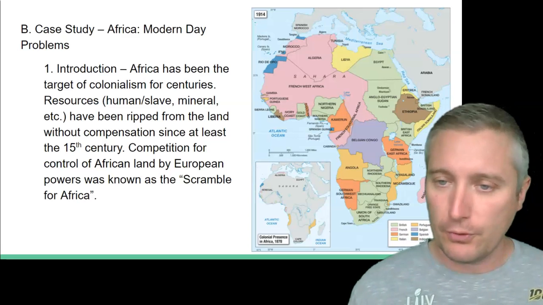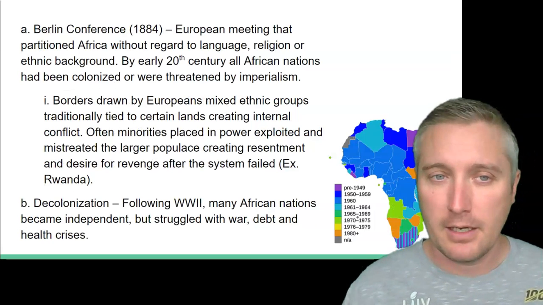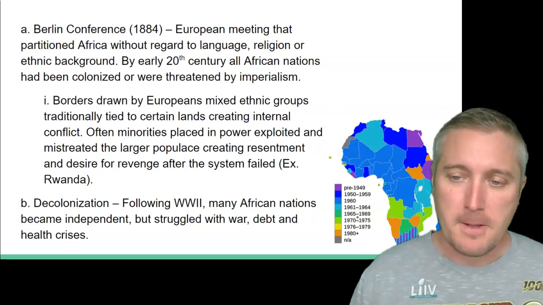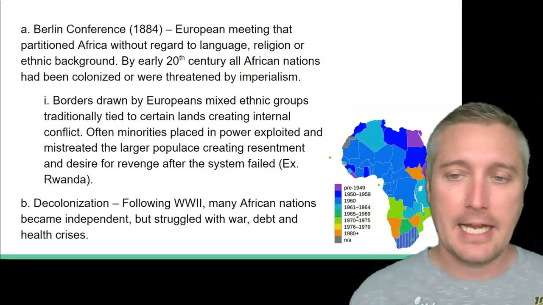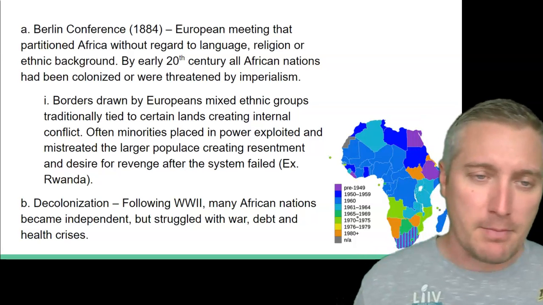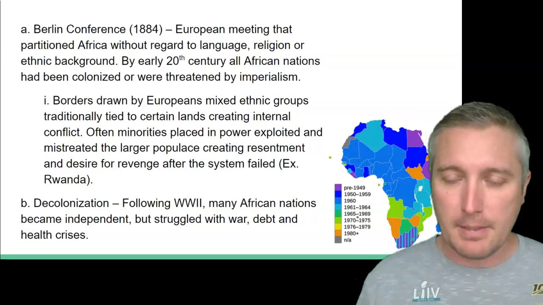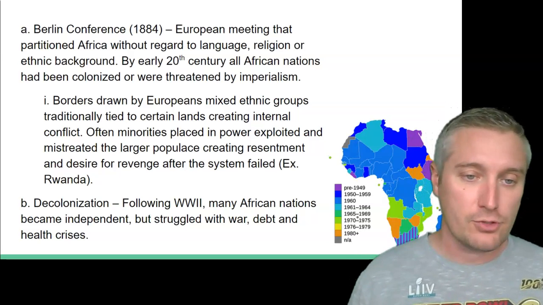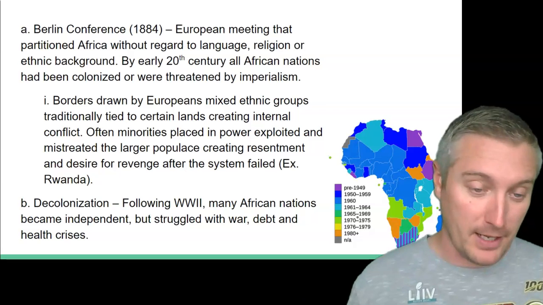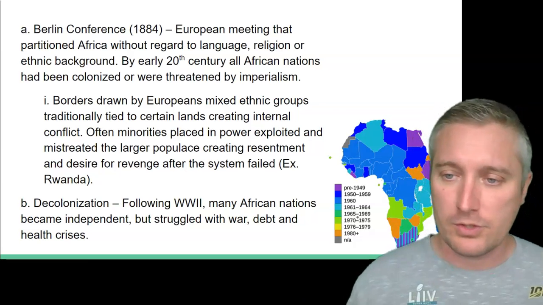The scramble for Africa, as it was known, caused Africa to be divided up among a number of European nations. Now, this mainly took place in 1884. There was a conference in Berlin, and it quite literally was a group of white men sitting around a table, dividing up a map of Africa, claiming what they wanted for their own, with no impact, no influence from any African leaders or civilians at all.